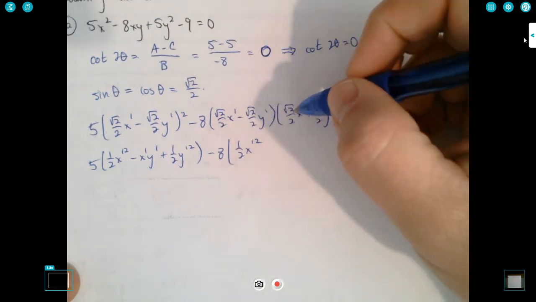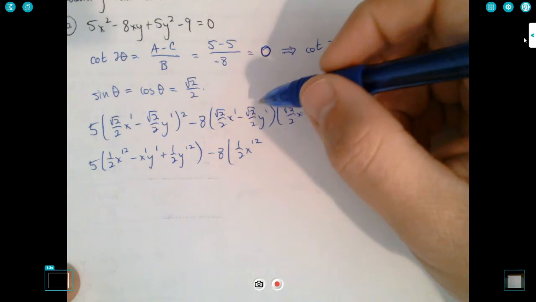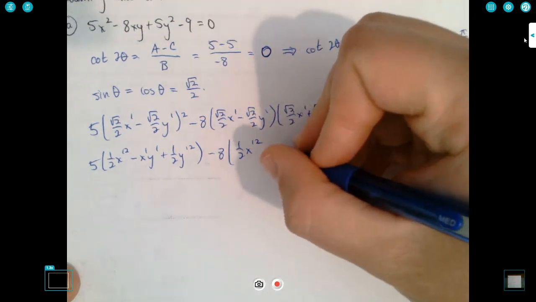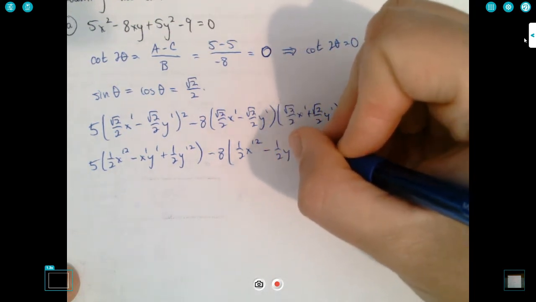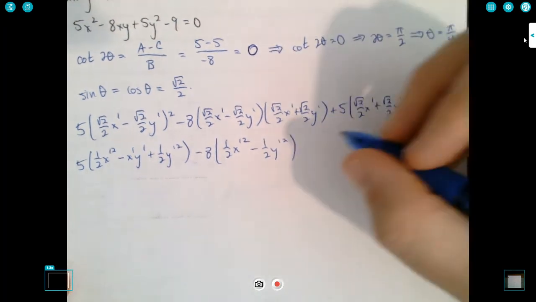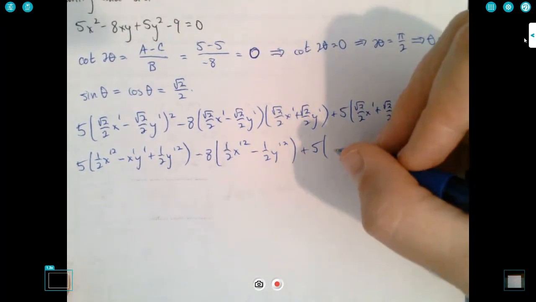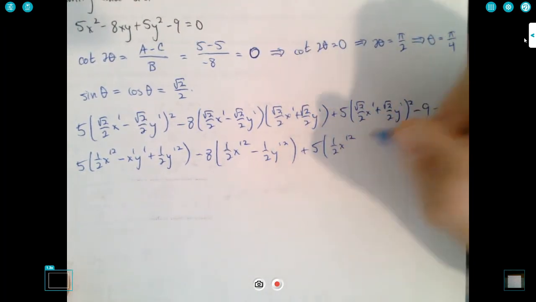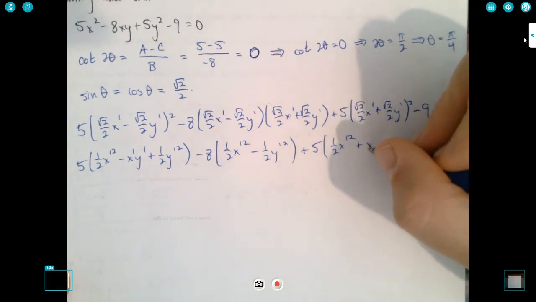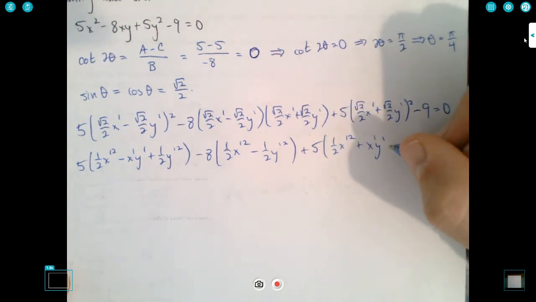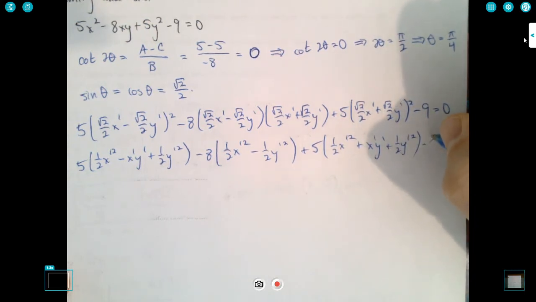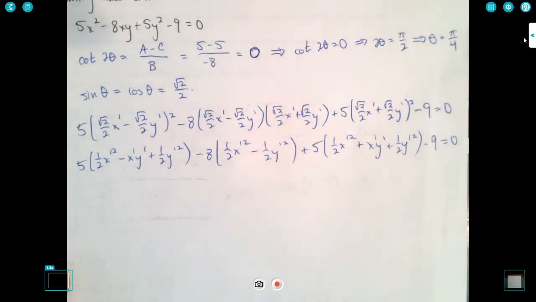The middle terms will cancel. Minus 1/2 y prime squared, plus 5 times 1/2 x prime squared plus x prime y prime plus 1/2 y prime squared, minus 9 equals 0.